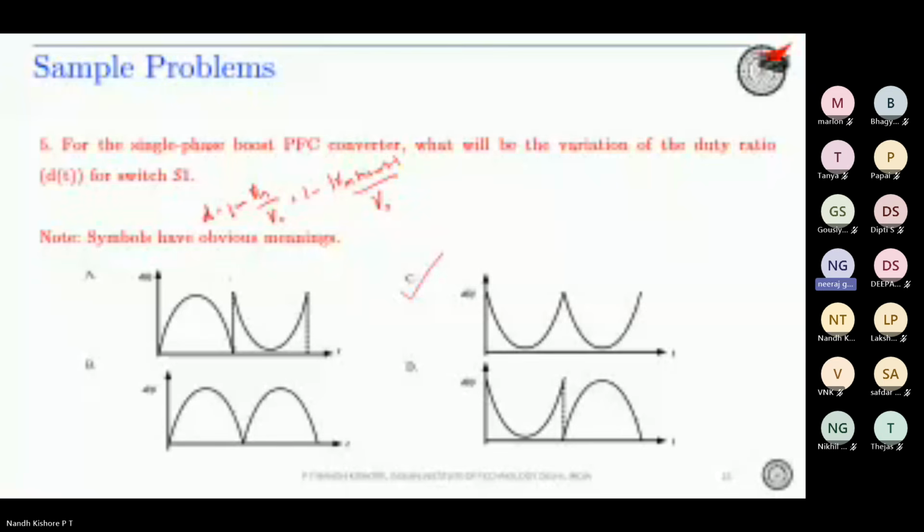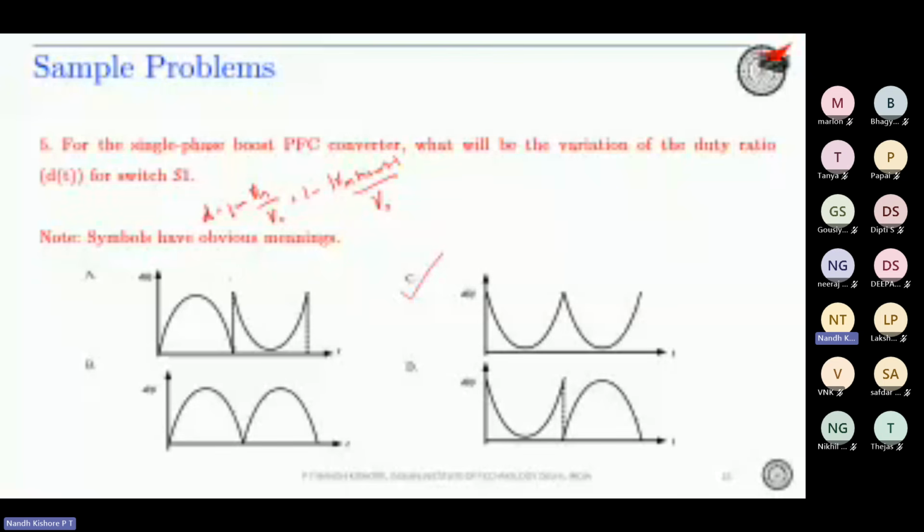If you do 1 minus of that, the peak value can go till 1. And you have a repetitive version every half of line cycle. The same pattern would repeat every half of line cycle.